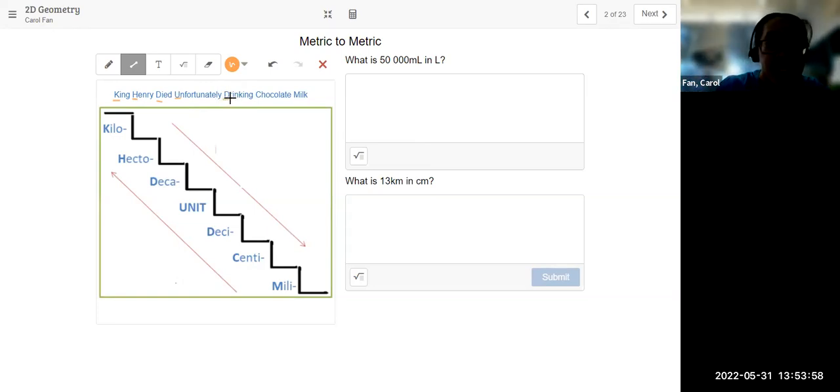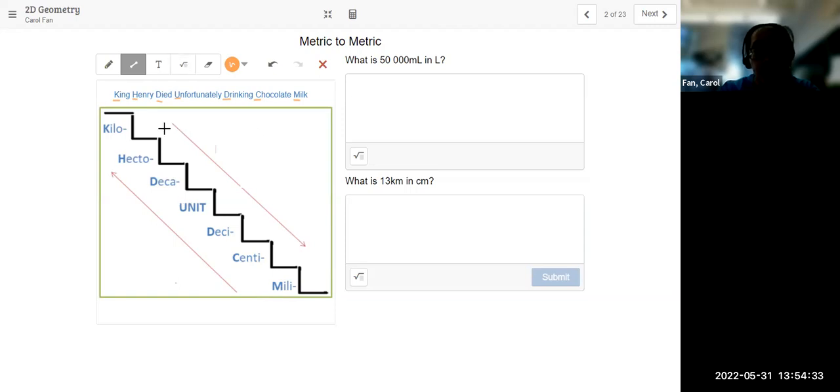Then we have deci, centi, and milli. So these are all part of the metric system, but some of them we use very infrequently, such as deca or hecto or deci. We do hear a lot about kilos, as in kilograms, kilometers, or we hear centimeters, we hear about millimeters.